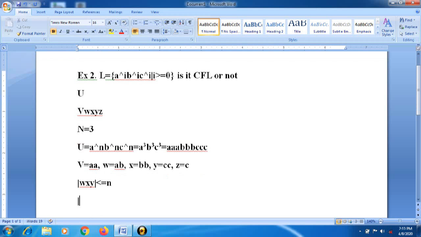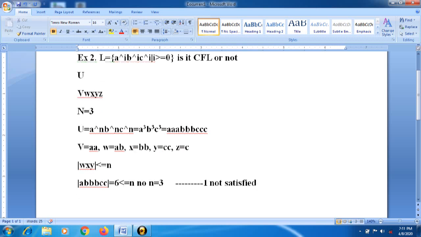Here wxy are nothing but ab, bb and cc, and the mod operation of these values is nothing but 6. Is that 6 less than or equal to n? No, because right now we have considered n equal to 2. So here the first condition is not satisfied.